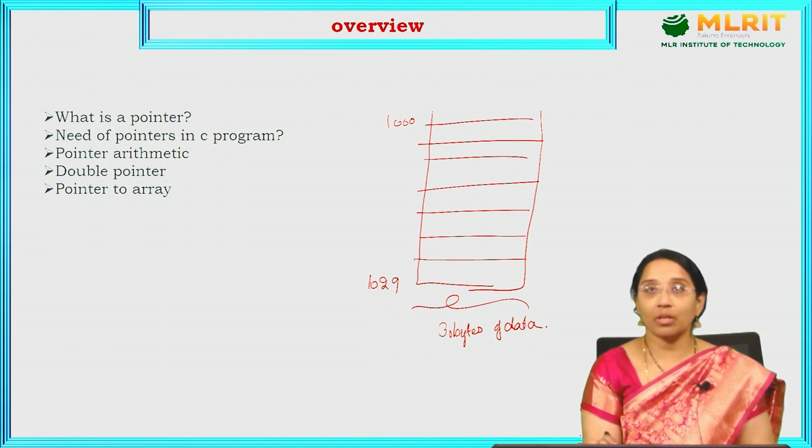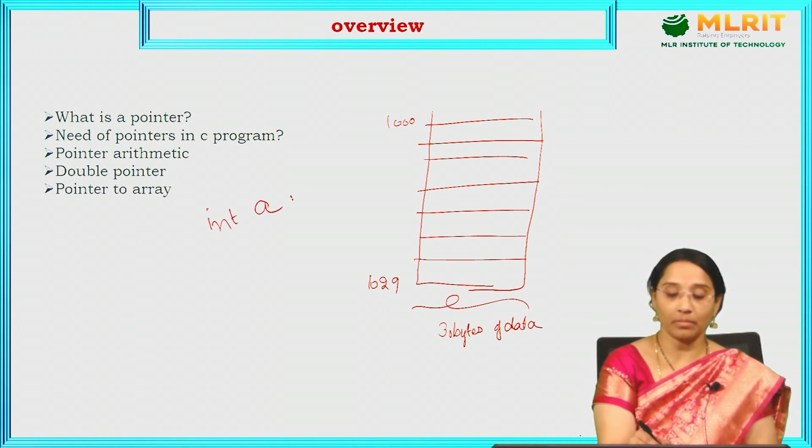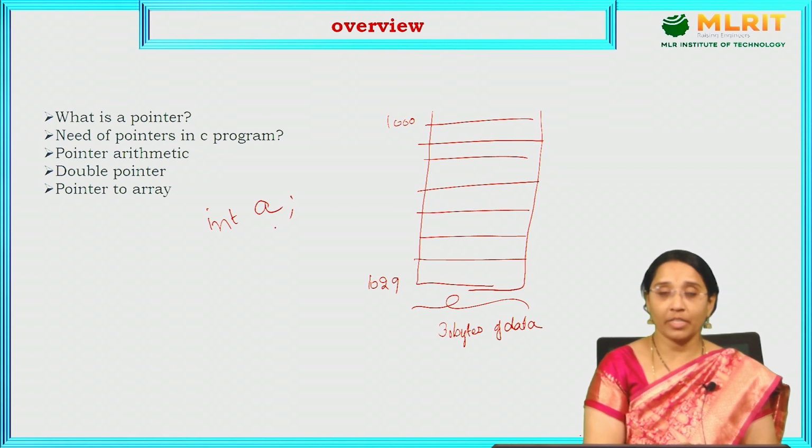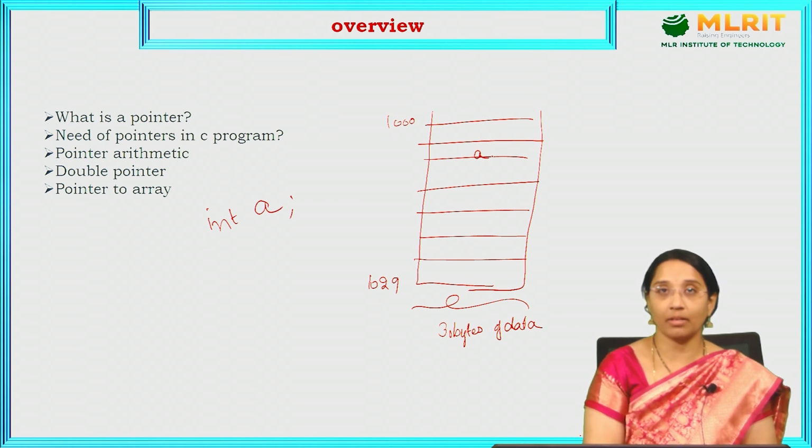And suppose I want to store a variable in this memory, let's consider that variable is A, int A. Means I want to store a variable A which is of type integer. Let's consider this variable will occupy this place in the memory.